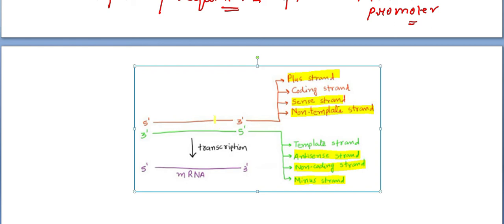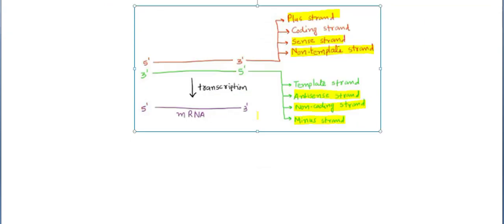Coding strand, interestingly, doesn't code for anything, and it is just equal to RNA. The only change is the presence of uracil. In the coding strand, thymine is present in place of uracil, which is present in the RNA.